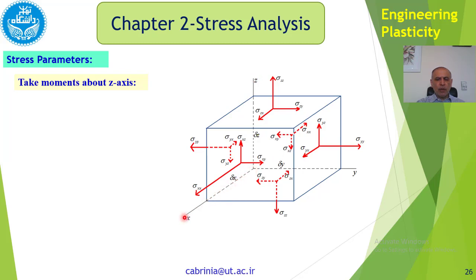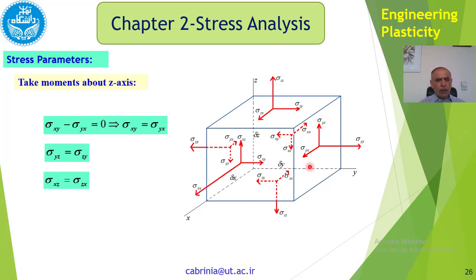We could also take moments about the x and y-axis, and if we do that, many of these terms will cancel out, and we will end up with three equations like that: sigma xy equal to sigma yx, sigma yz equal to sigma zy, and sigma xz equal to sigma zx, simply by taking moments.